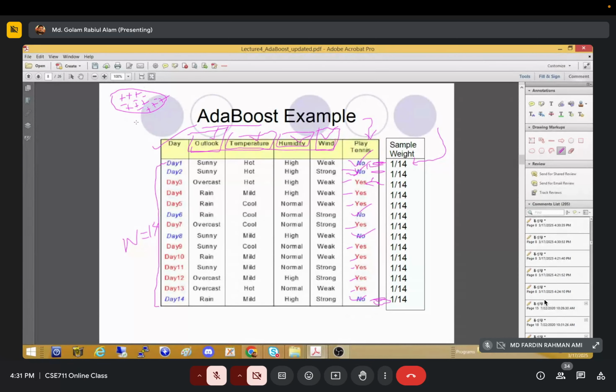So we have this data set, and we can say this is our D. If this one is our D, we need to find out the Gini impurity of this set. It will be 1 minus the probability of positive, 9 by 14, squared, plus 5 by 14, squared.